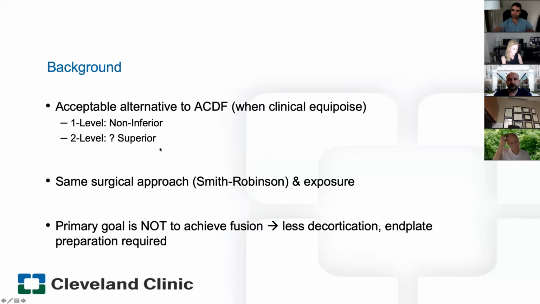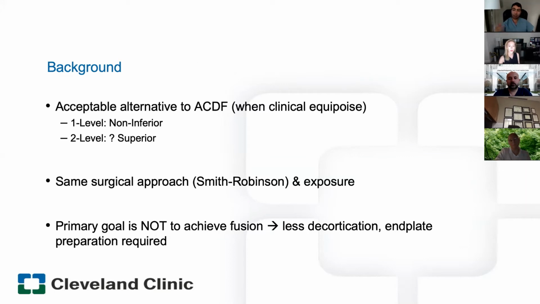If you're just going to take a step back and look at arthroplasties altogether, if you look at what's considered to be acceptable and what we can do clinically for these patients, there is data that, whether you choose to believe it or not, and we'll talk about that as well, a one-level arthroplasty is at the very basic non-inferior to ACDF.